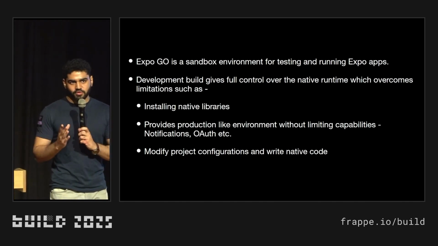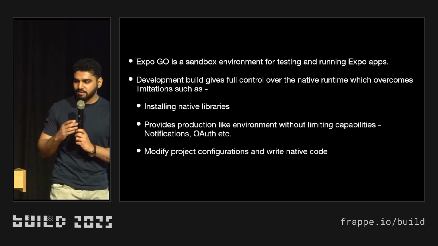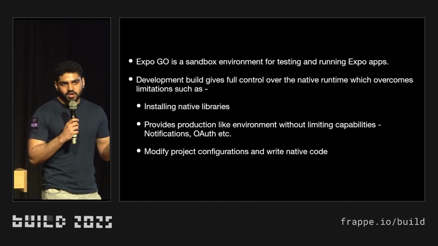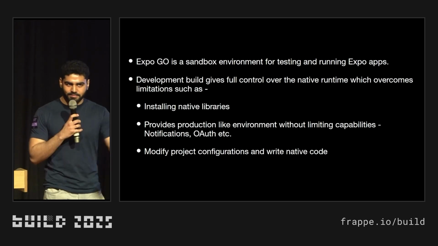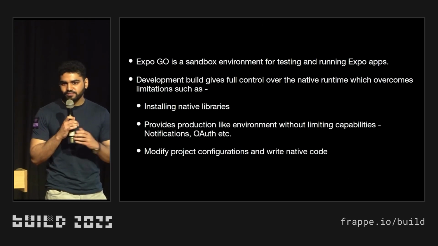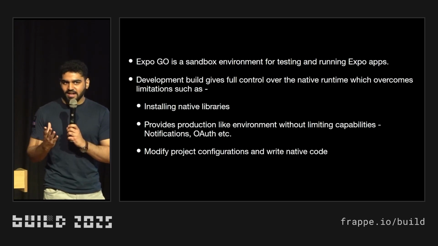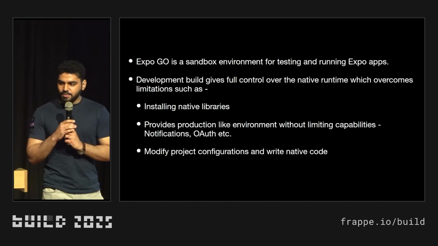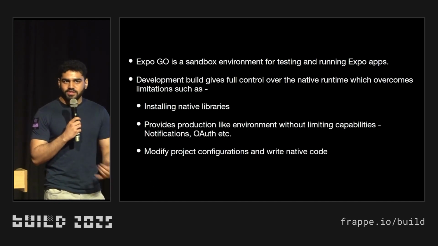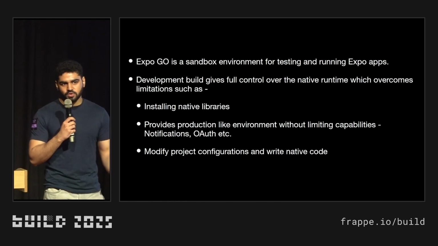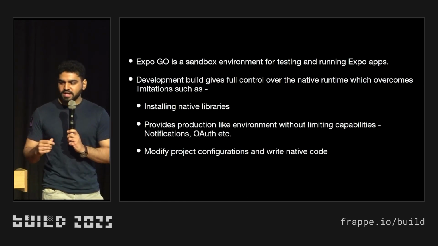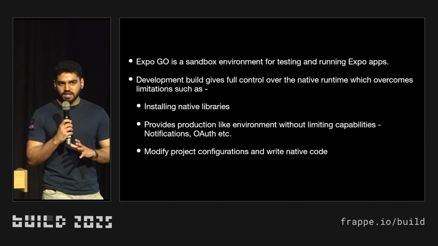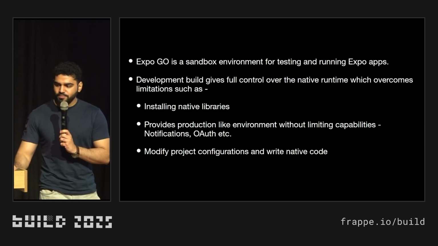We tried it for a long time when we were starting the development. A lot of errors that will come in an actual production build were bypassed in Expo Go, so we did not even know that a lot of things were failing. And a lot of native libraries require an actual build, and they don't support Expo Go.